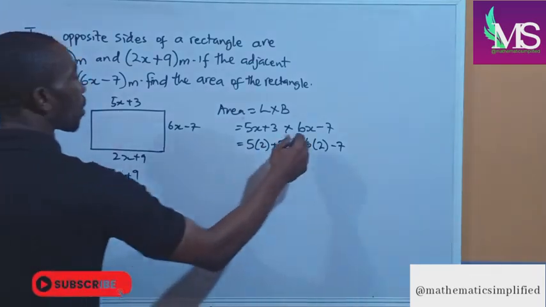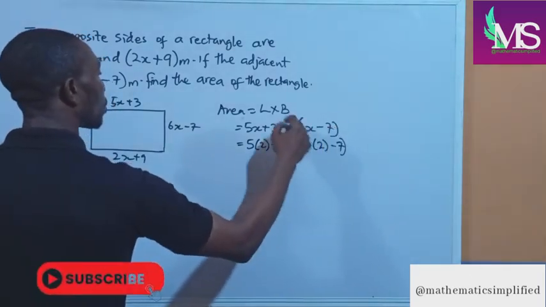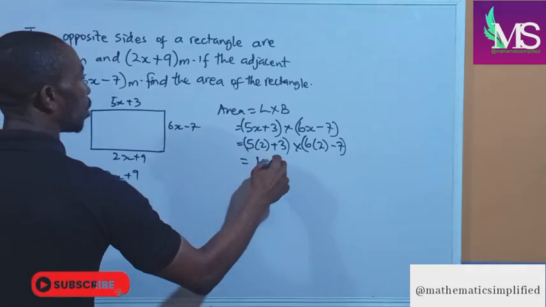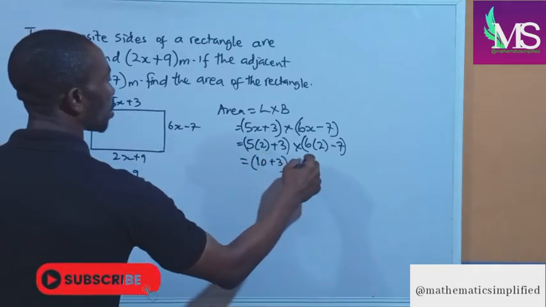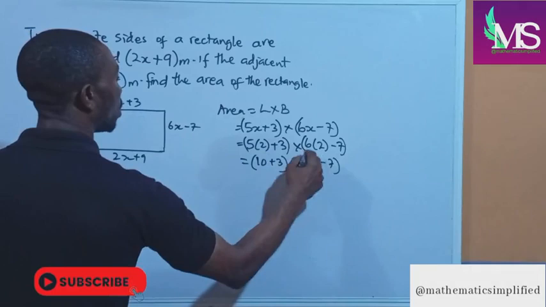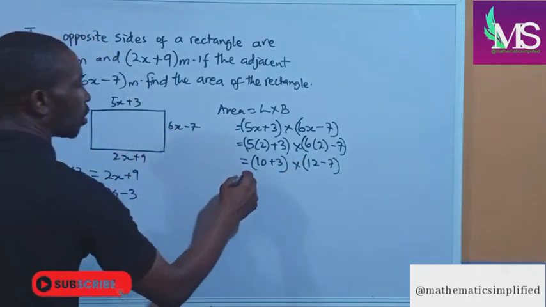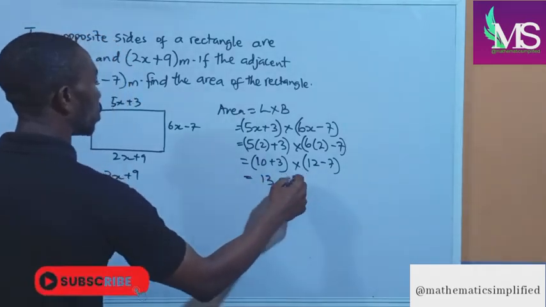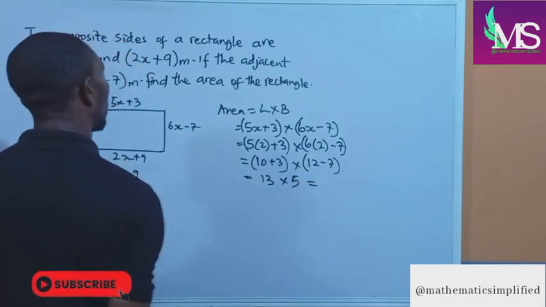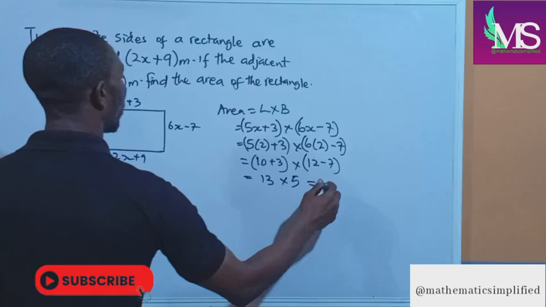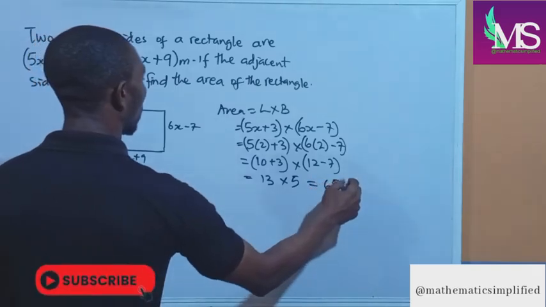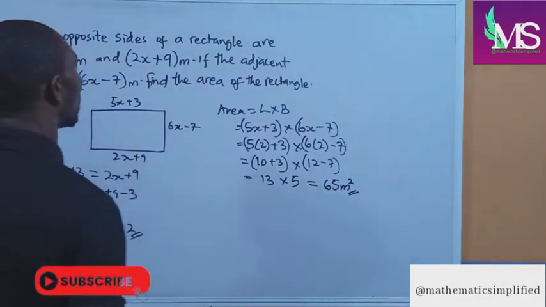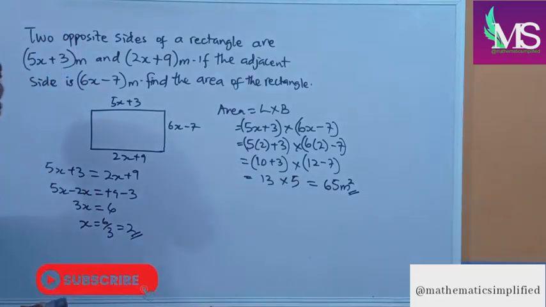So 5 times 2 will give us 10 plus 3 times 12 minus 7. Now, 10 plus 3 will give us 13 times 12 minus 7 will give us 5. So 13 times 5 will give us 65 meters squared. So the area of the rectangle will be 65 meters squared.